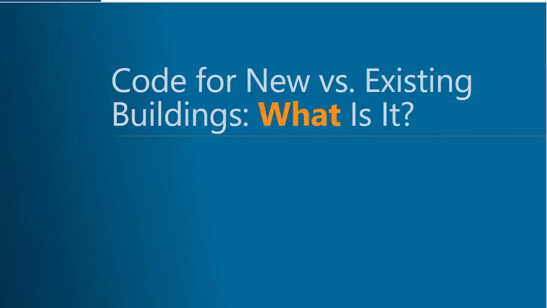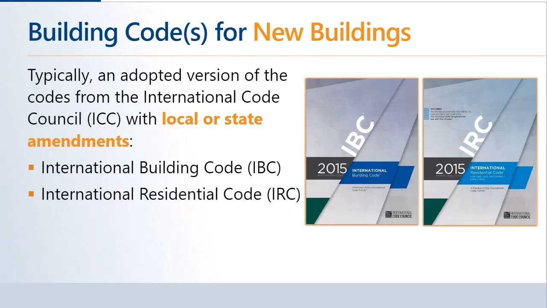So jumping right into it, when we talk about the code, what is it? What are we talking about? So the building codes for new buildings are there on your screen. We have the 2015 International Building Code and the 2015 International Residential Code shown. Usually, in different parts of the United States, different jurisdictions may have one or both of these.